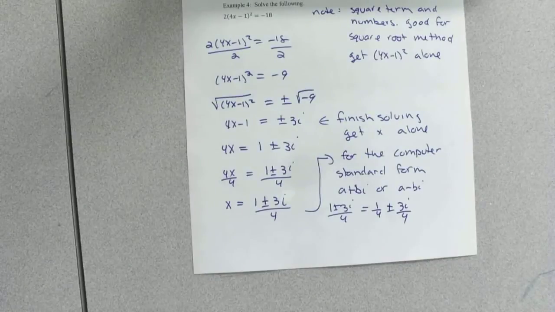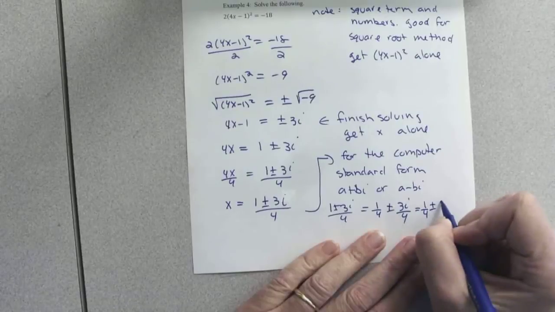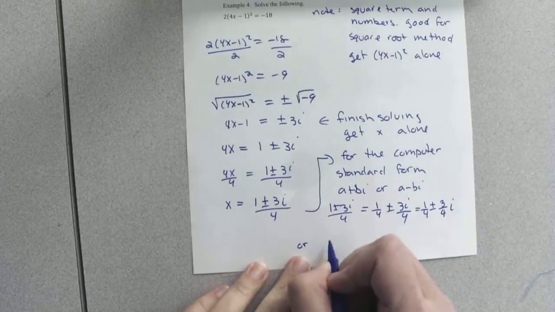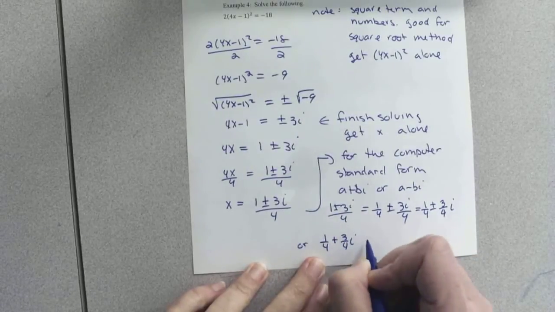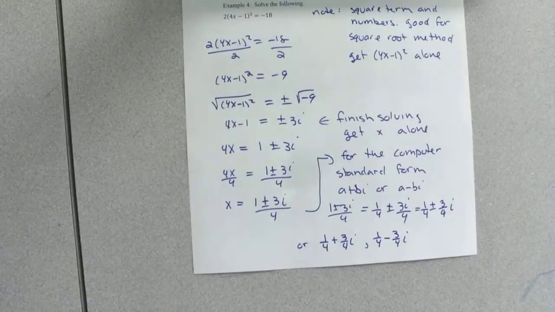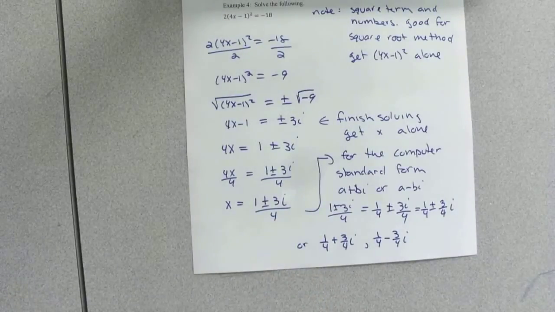And you think that'd be good enough, but that's not good enough for the computer. It wants that i completely and totally on the end. So it would want 1/4 plus or minus 3/4 i, or very specifically 1/4 plus 3/4 i, and 1/4 minus 3/4 i. And so that's what you'd have to type into the computer. So for the computer, you're going to need to do that. If only I am looking at it, I am perfectly fine with that answer there.